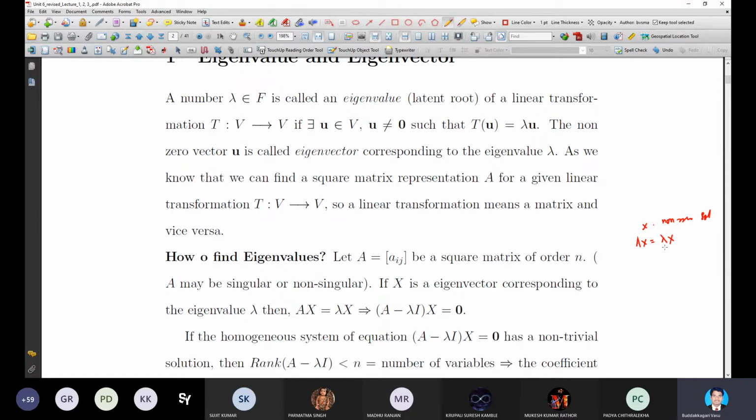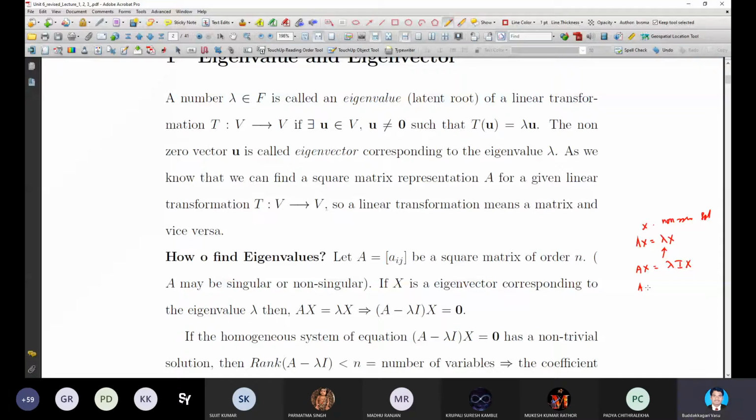So let's see it here. This is the matrix equation Ax is equal to lambda x. Since lambda is a scalar, we may put I into x, and I into x gives x only. So we write this in the form A minus lambda I into x is equal to 0.